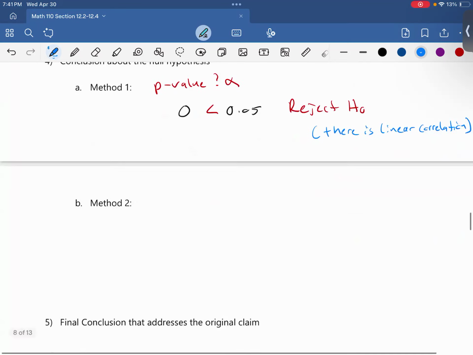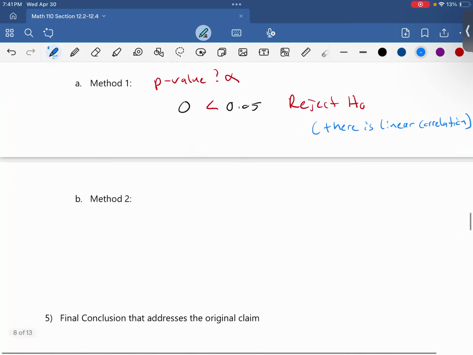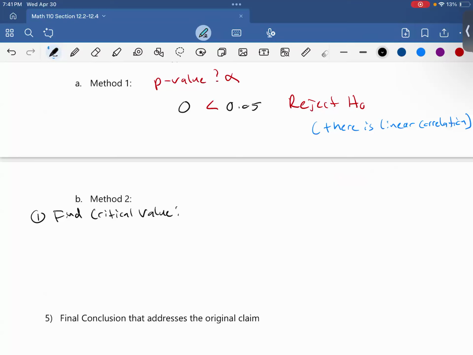Let's see if method two is saying the same thing, that there is a correlation. So for method two, what we need to do first is find the critical value. We need a couple of things first. We need a sample size n, and we need alpha.